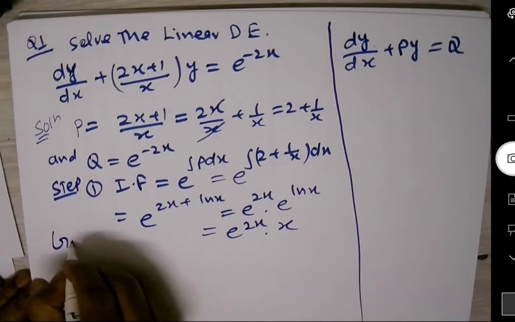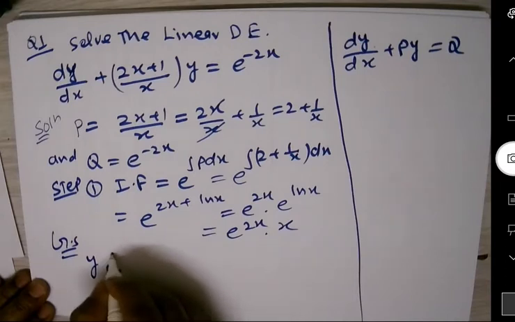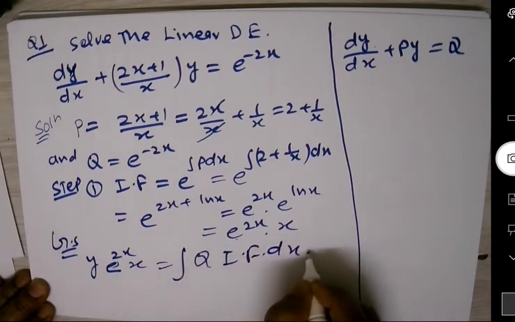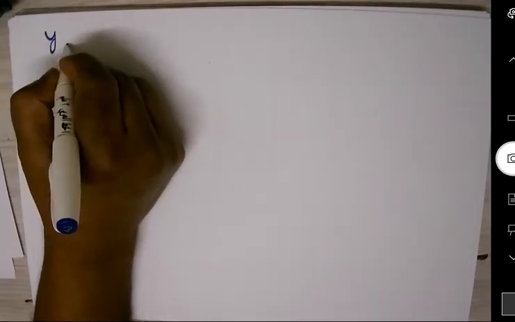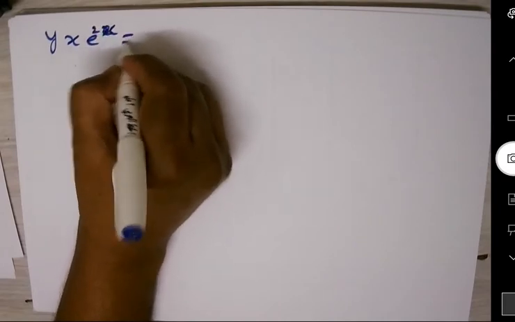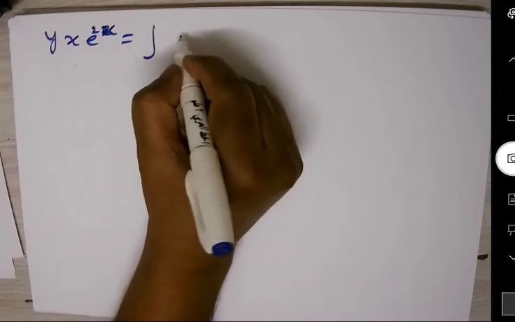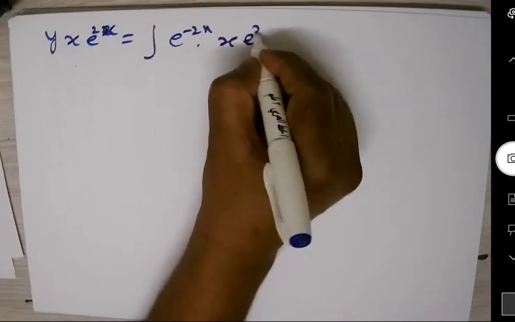Now the general solution is y, the dependent variable, into the integrating factor, which is x e power 2x, equal to integral of q into the integrating factor dx plus c. Q is e power minus 2x, and the integrating factor is x e power 2x.